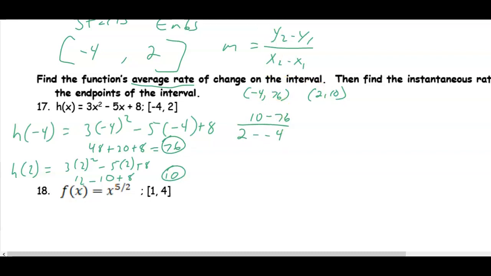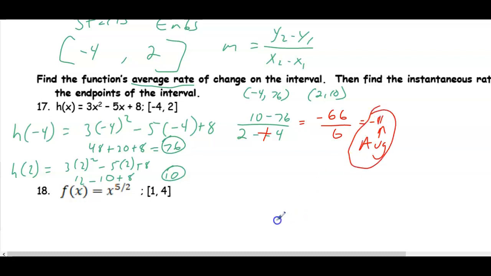All right. So 10 minus 76 is a negative 66. And this right here becomes a plus, right? So that's 6, which becomes a negative 11. So the average rate of change right here is negative 11.